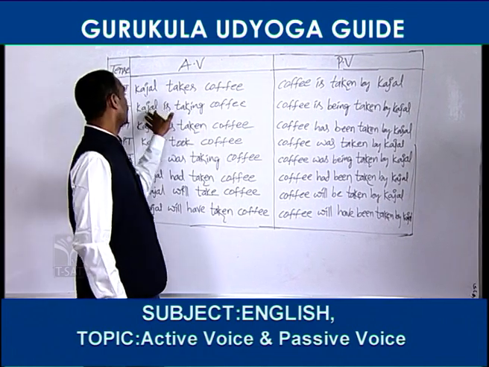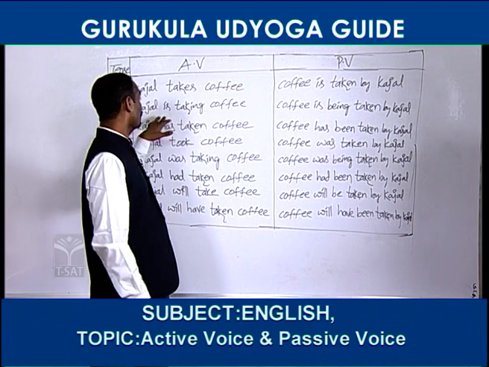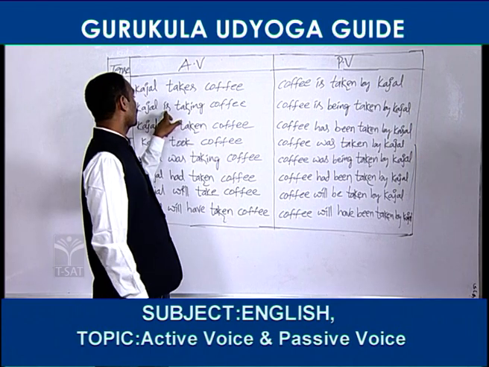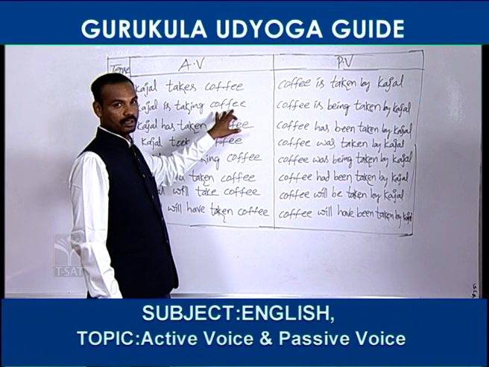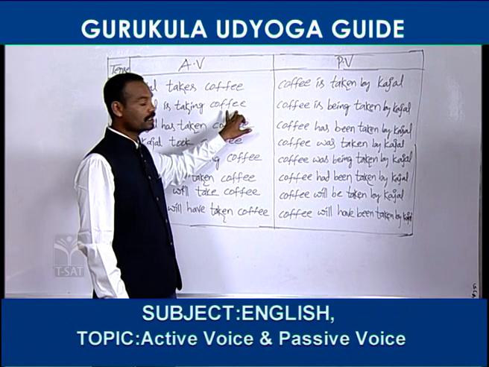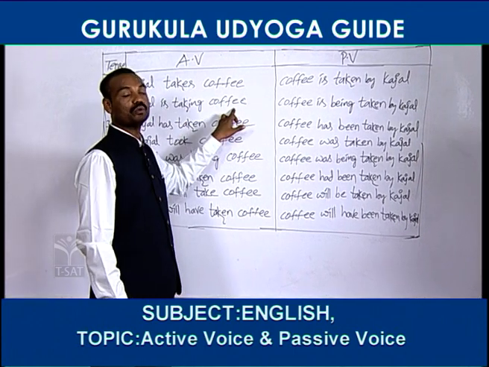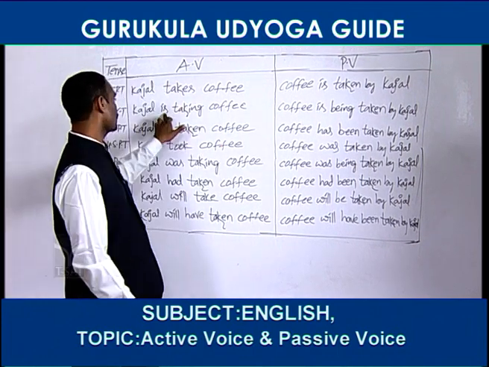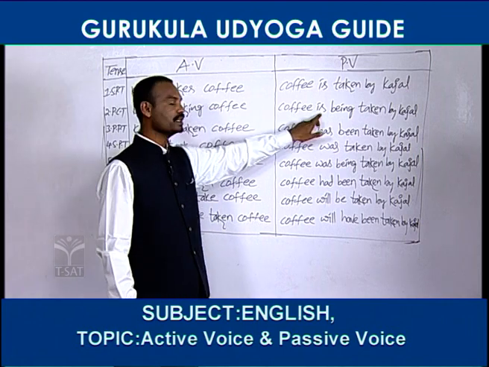For example, Kajal is eating fruits. Fruits is plural, so we should not take is. The helping verb should be changed according to the object given in the active voice. For singular objects only, we should take is. If they give a plural object, it should be changed into are. Here a singular helping verb is there and a singular object is there. That's fine. So coffee is.